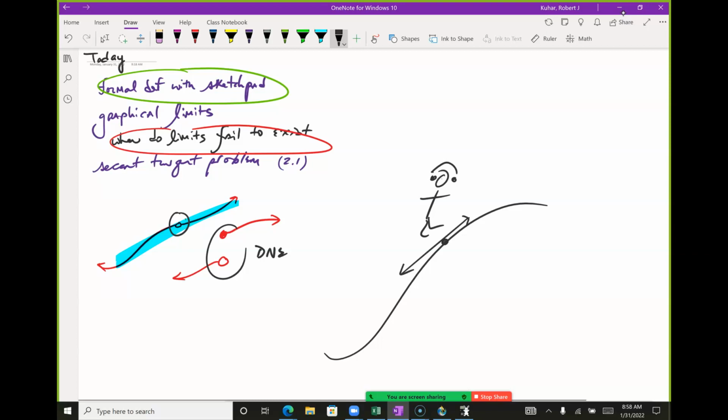And so if there was a hole in the hill, I couldn't stand there. I'd fall in. So I couldn't get the slope of my skis, right? In fact, it's only possible to find the derivative when the function is continuous.